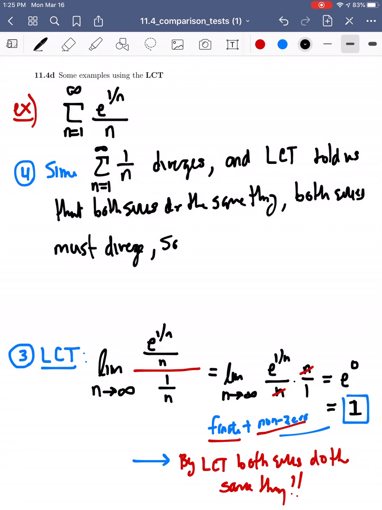So our original series, the series from n equals 1 to infinity of e to the 1 over n, all over n, must diverge as well.